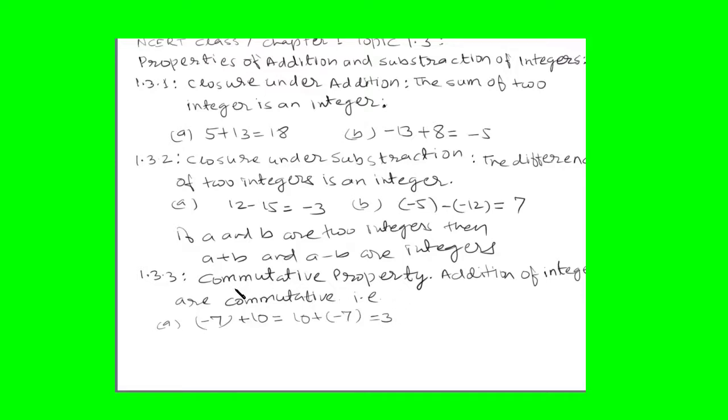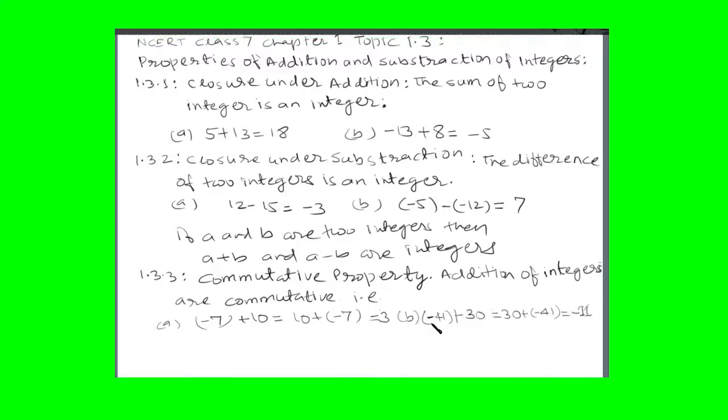So minus 7 plus 10, if we change its order and we write 10 plus minus 7, in both the cases we get 3. Minus 41 plus 30 equal to 30 plus minus 41 equal to minus 11.